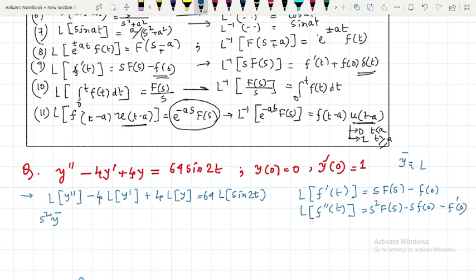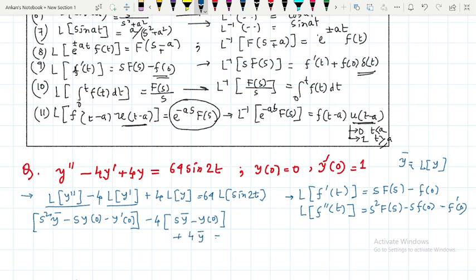We have taken y bar as Laplace transformation of y. s square y bar minus s y(0) minus y prime(0), minus 4 times Laplace transform of y prime, which means s y bar minus y(0), bracket close, plus 4 y bar is equal to 64.